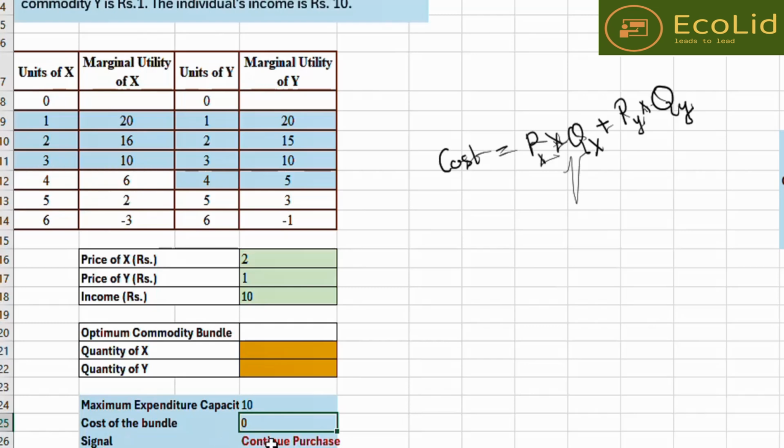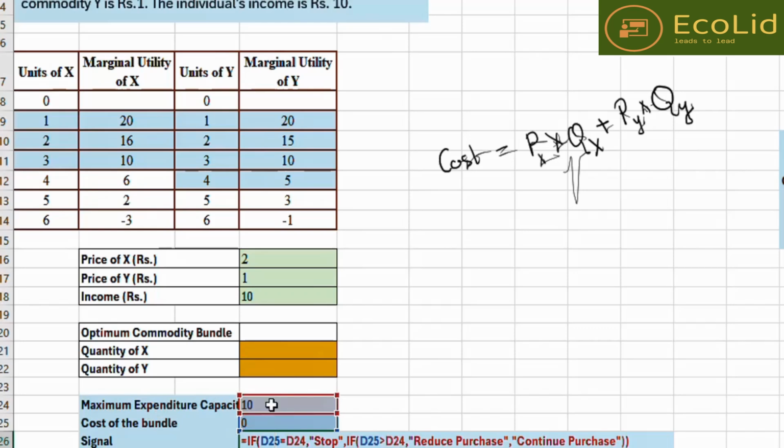So at the place of signal, see here the formula I have given: if the maximum expenditure capacity is equal to the cost of the bundle, that means the D25 cell equals this cell, then we will give the signal as stop.